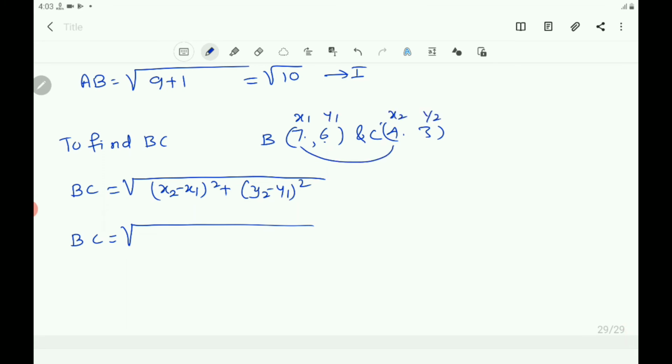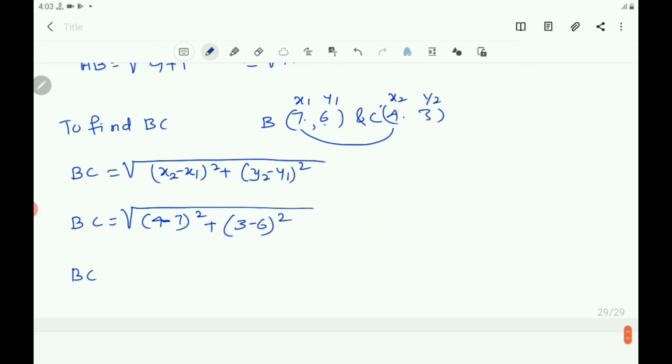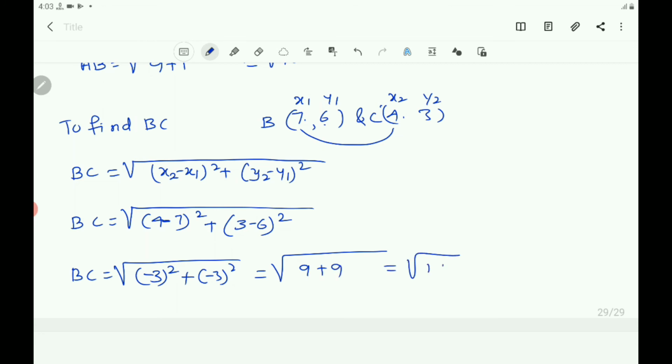Then x2 minus x1 is 4 minus 7, which is minus 3, and y2 minus y1 is 3 minus 6, which is minus 3. So BC equals root of minus 3 whole square, which is 9, plus minus 3 whole square, which is 9, equals root 18.